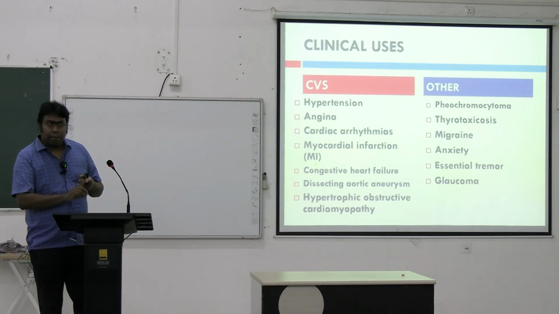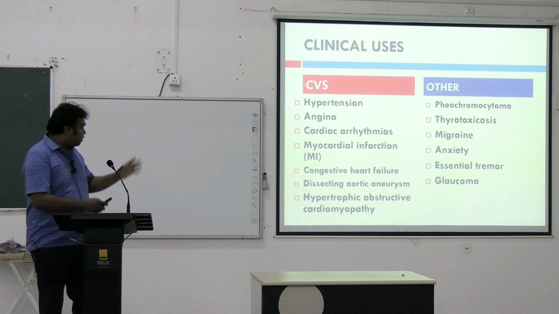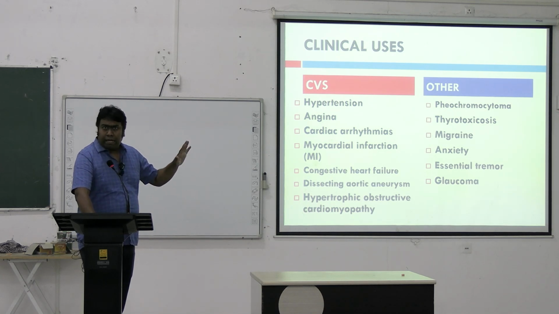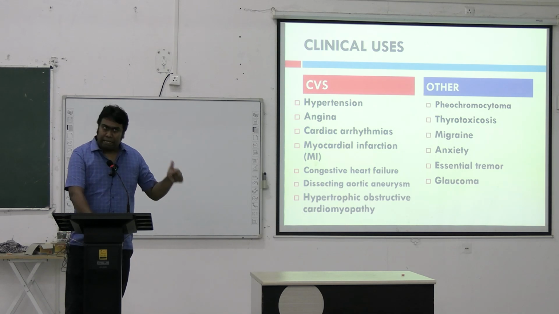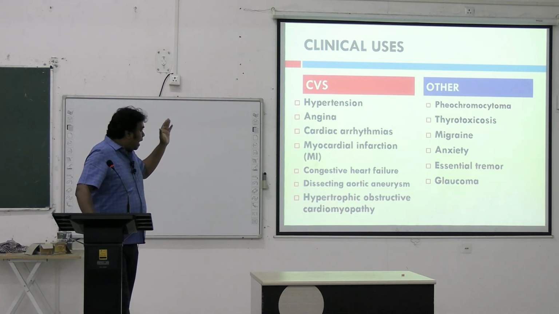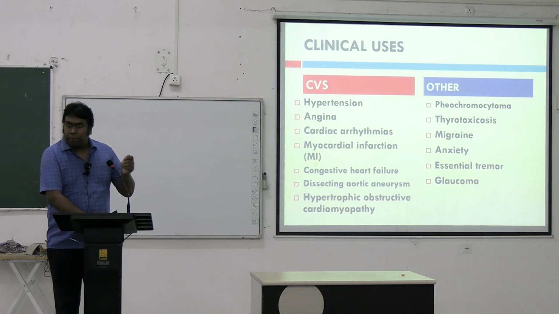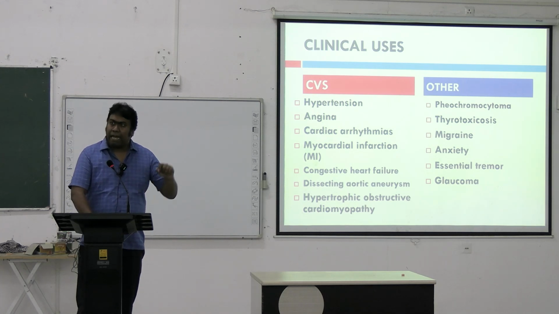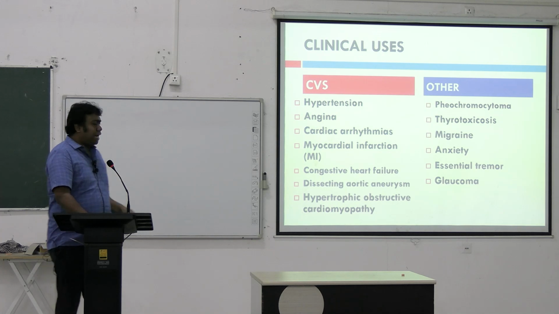One is hypertension, number 2 angina and myocardial infarction, then arrhythmia, and last one is congestive cardiac failure. So these 5 are CVS oriented; you have to go back and read CVS, in all of them beta blocker is used. These are important because you need to know the use of beta blocker in long questions as well as in viva, and explain why and how beta blocker acts in hypertension, angina, myocardial infarction, arrhythmias, and congestive cardiac failure.